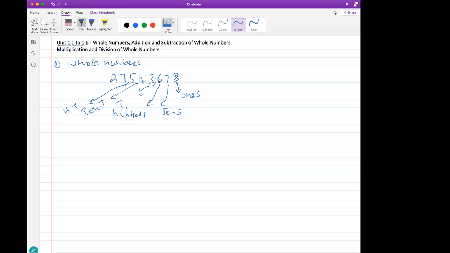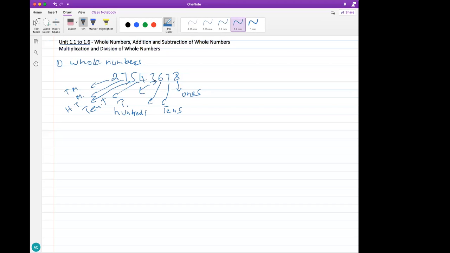So we have the ones, tens, hundreds. This second group is for the thousands, and the third group is for the millions. You have the millions here, and of course, the 10 millions and the 100 millions, and so on. After that, the billions. So that's basically what a whole number is made of. But for this class, we're probably going to do up to the millions. We're not going to do the billions.